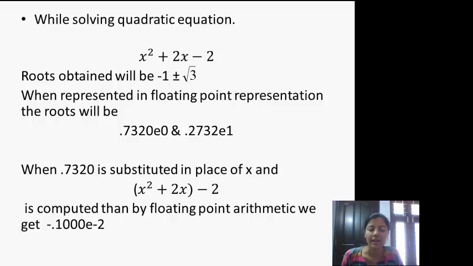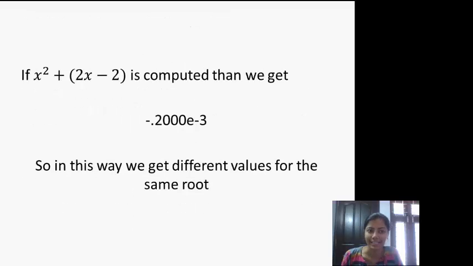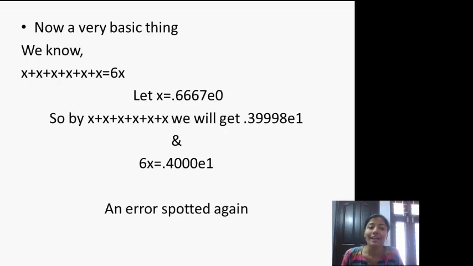Similarly, if I do 2 minus x first, and then add x square to it, I get 0.2000 e minus 3. So in this way I get different values for the same root. That's again a contradiction.